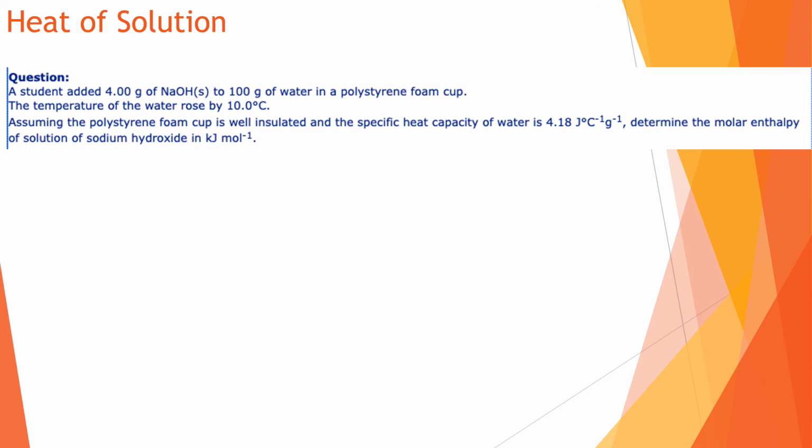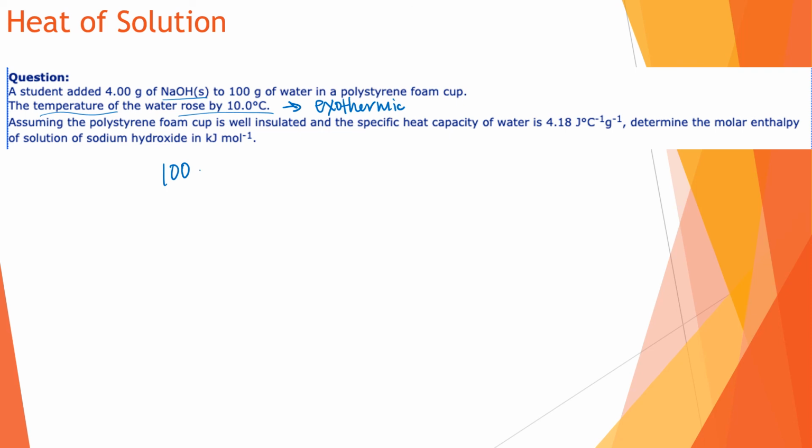Okay, so in this example, we're dealing with sodium hydroxide. The temperature rose by 10 degrees Celsius. If it rose, then the solution process of dissolving sodium hydroxide is exothermic. So we are going to see how much heat it put out into the water.